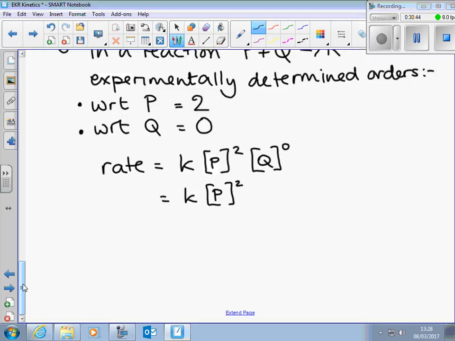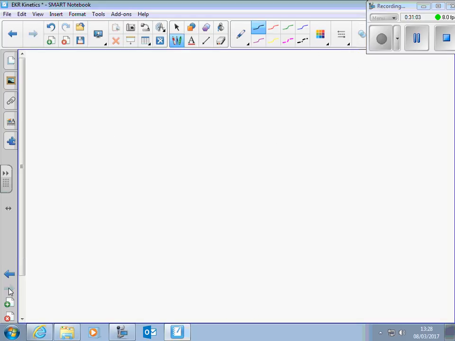So K is a fiddle factor in terms of its units, because we have to use its units to convert all the units that we get out of, in this case, P and Q. We have to get them back to what is on the left-hand side. So this is where it does get a little bit tricky.